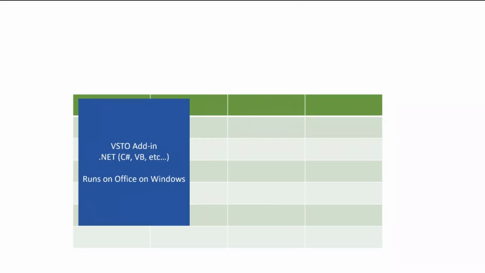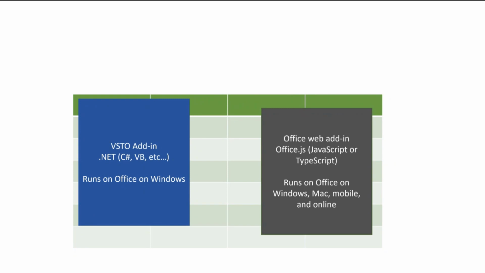This particular one looks at, okay, you have your VSTO add-in, say it runs in Excel. It's written using .NET and maybe C# or VB. Today it runs on Office on Windows, and that's its restriction. So you might say, well, why would I move to an Office web add-in? The big reason to go to web add-ins is that they can run across platforms.